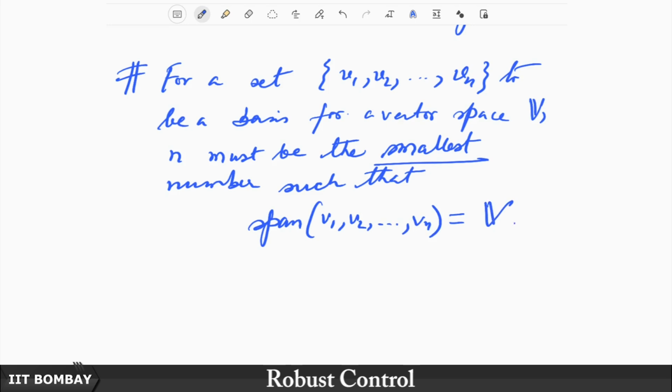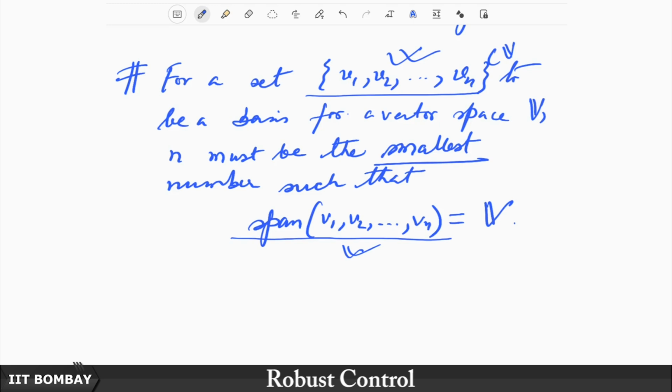What am I saying here? This set of course belongs to the vector space V. Every member in this set belongs to the vector space V. So far, up until here it is a set, but the moment I call it a span, then it becomes a vector space. This is a subspace, remember that.